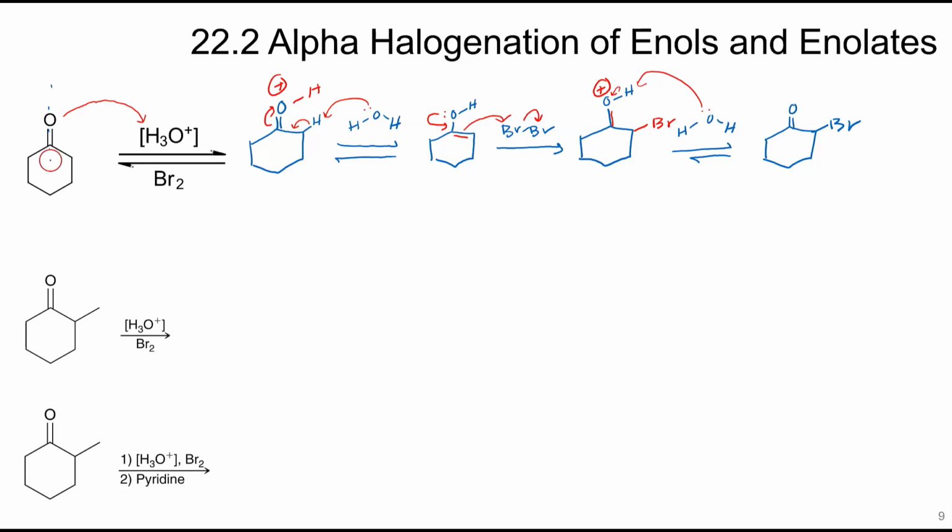In this case, we had a symmetric ketone, so it didn't matter which side it went to. If you have an asymmetric ketone, you get 2 products. When the bromine goes to the more substituted side, this is the major product. This is the minor product. And that is due to a more stable or more substituted enol.